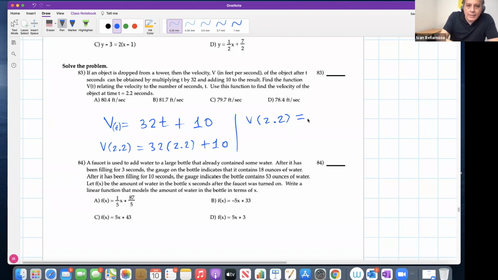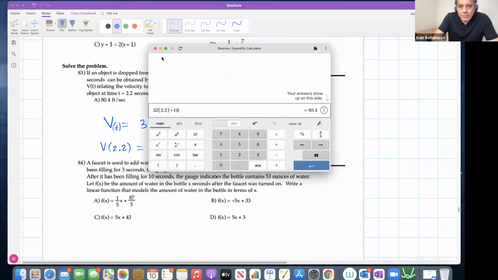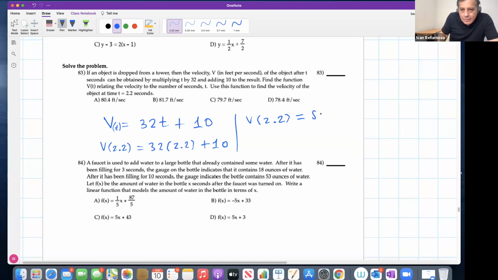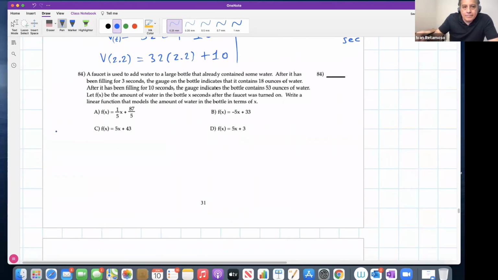So 32 times 2.2 plus 10. I get 80.4, right? 80.4. So 80.4 is going to be the velocity, 80.4. Now, in the end, you may attach units, feet per second, right? Feet per second. So this is telling us this, right? Very good, guys. Another question here, 84.